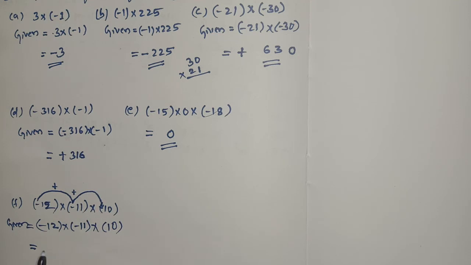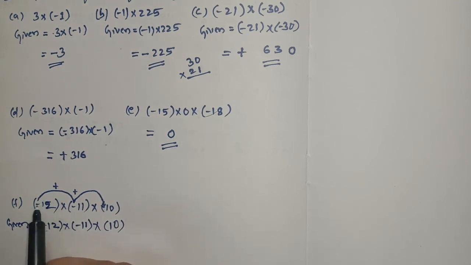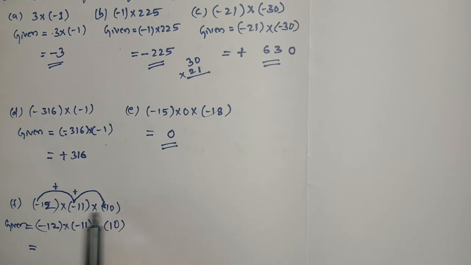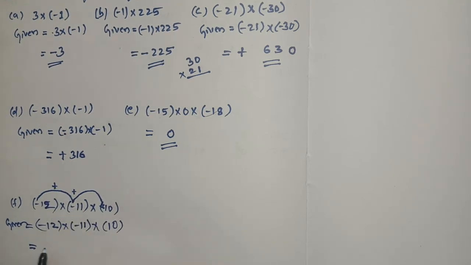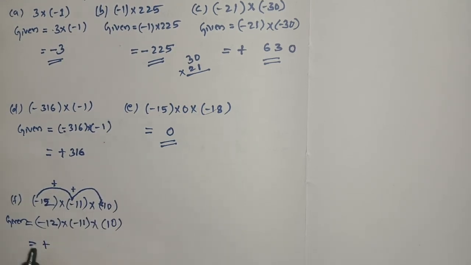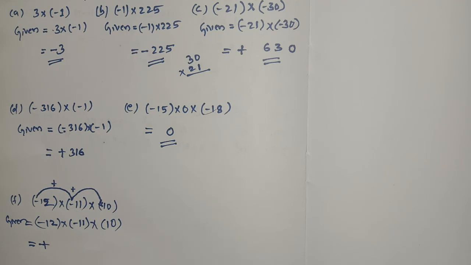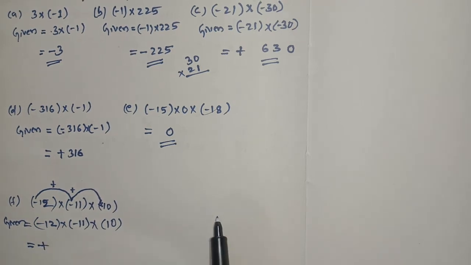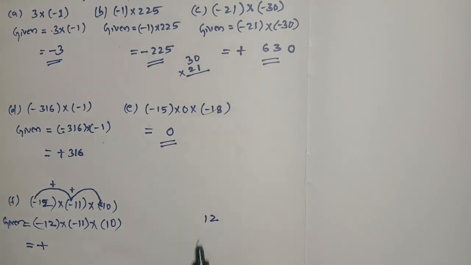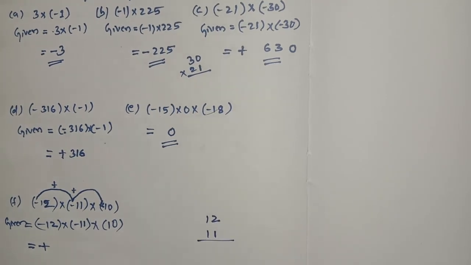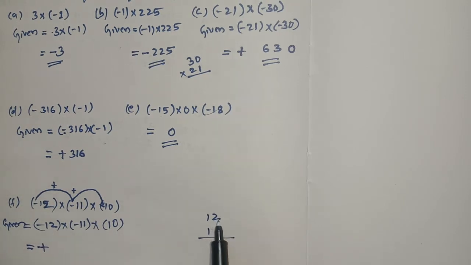Now minus into minus is plus, then plus into this plus will be plus, students. Now we have to multiply these 3 numbers. Let's multiply 12 into 11. 11 twos are 22.